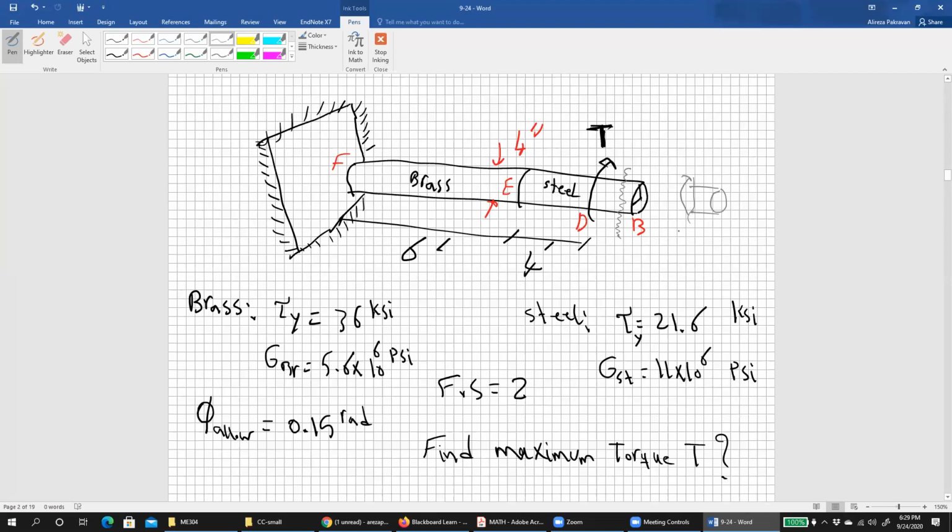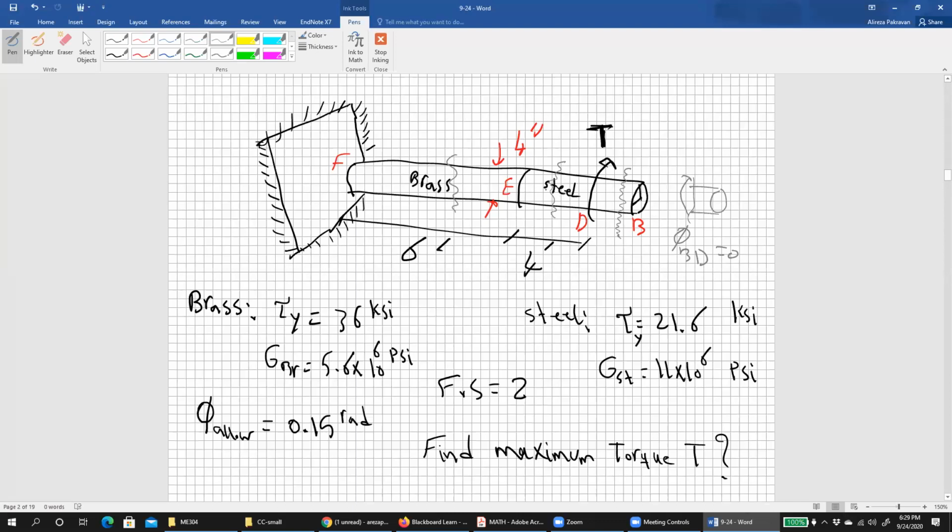So phi BD would be 0 here. So maybe we need just these two sections.